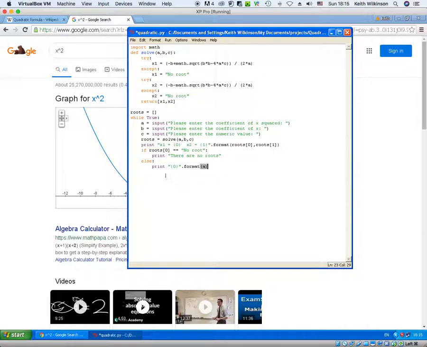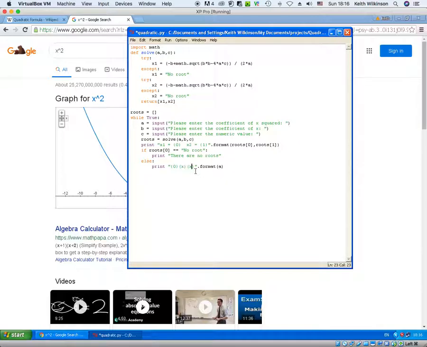So if it was 2x squared, I'd start off with 2. And then I'm going to have some brackets in here, round brackets, not square brackets. And they're going to start off with x and x. So that's what my equation is going to look like at the moment.